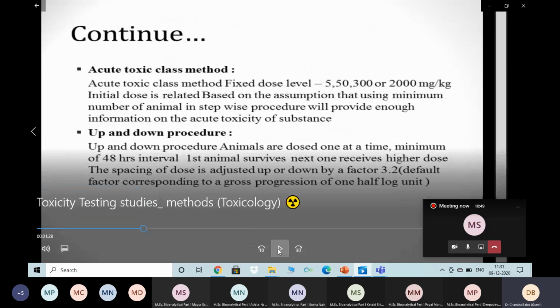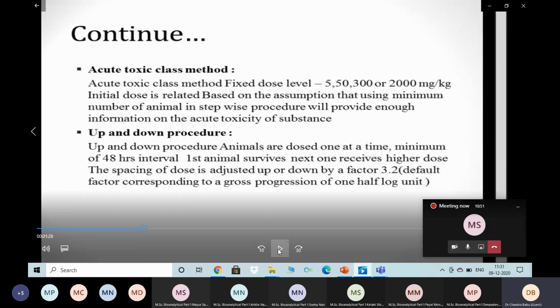So when we look at the acute toxic class method, it is a fixed dose level. It's 5, 50, 300 or 2000 mg per kg. The initial dose is selected based on the assumption that using a minimum number of animals in a stepwise procedure will provide enough information on the acute toxicity of the substance.